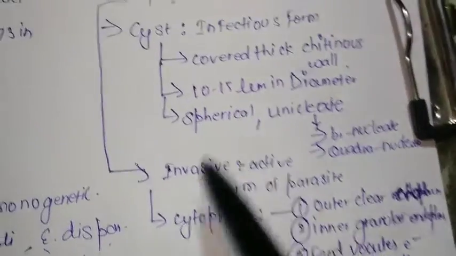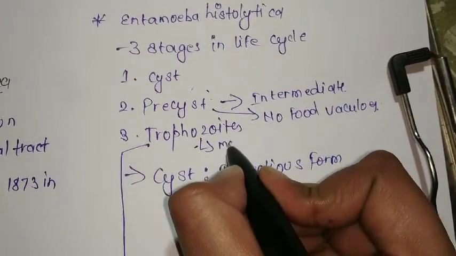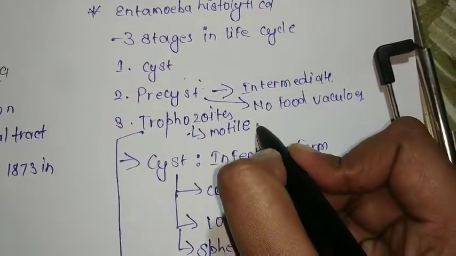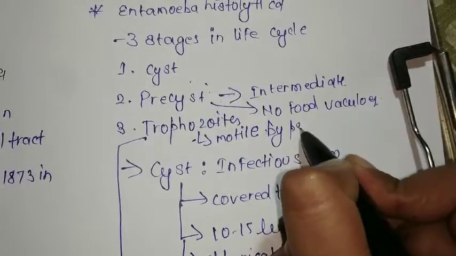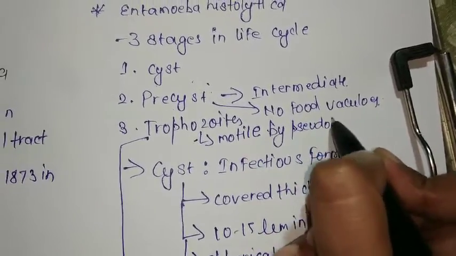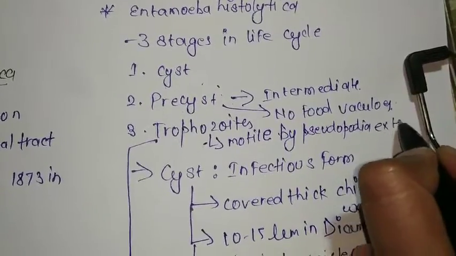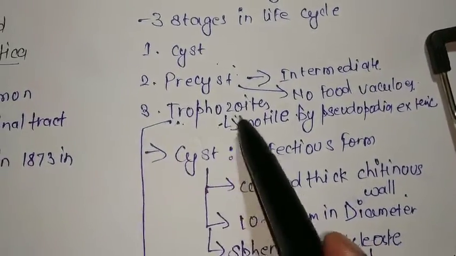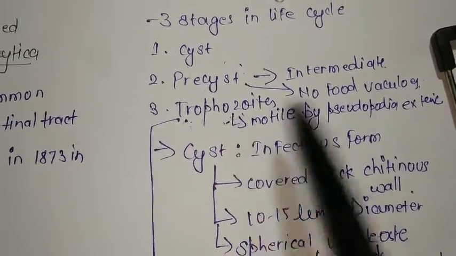The trophozoite is also motile, by pseudopodia extension. The shape of the trophozoite is pleomorphic, and it is uninucleated.